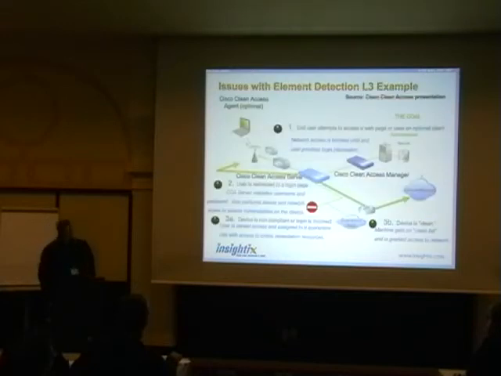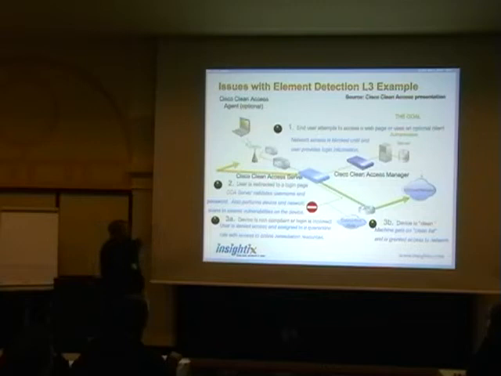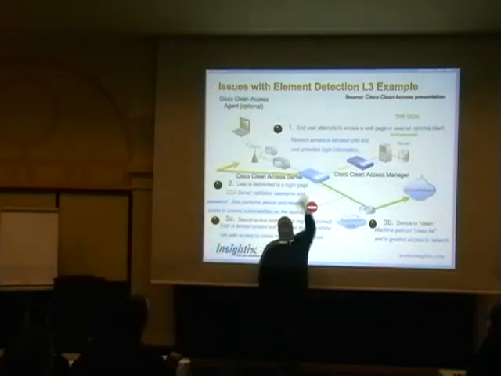Two examples. One of them is with Cisco Clean Access. This is actually taken from the original presentation. The problem here is that the detection of the device is being done at this stage.